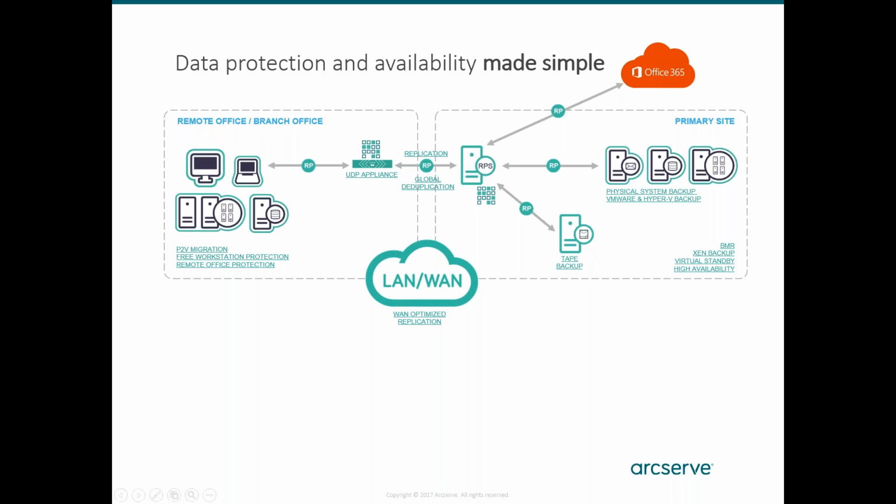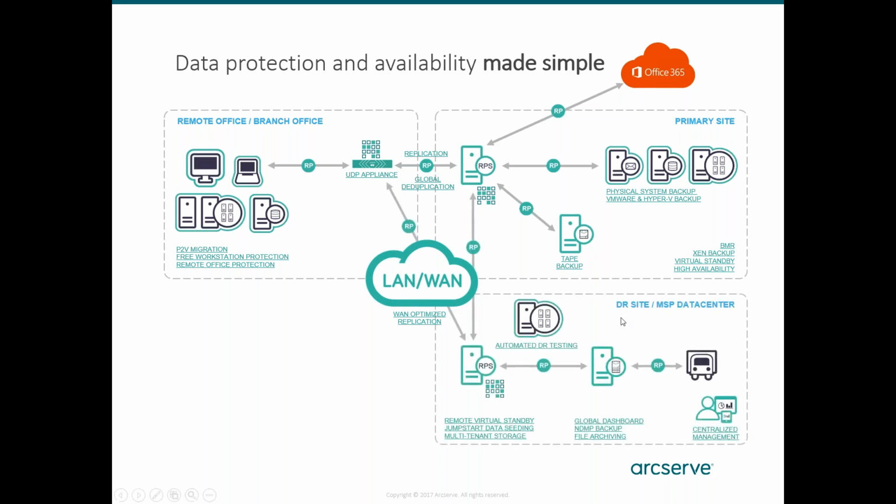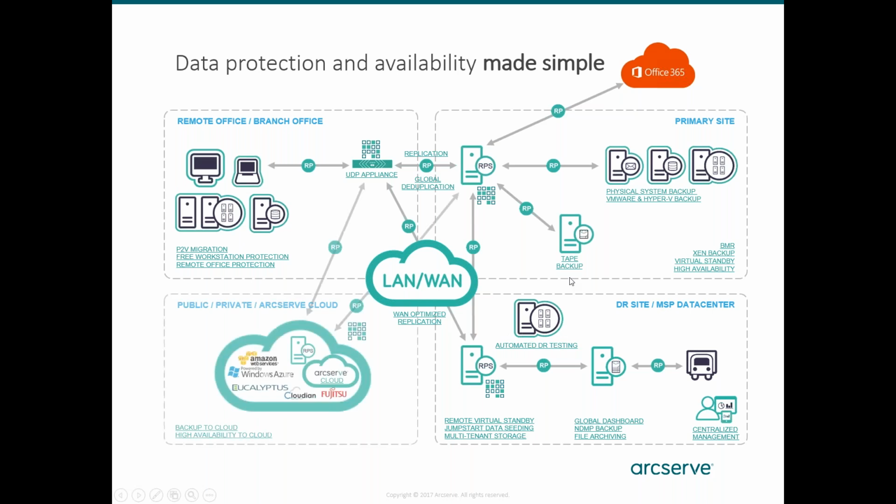So we can utilize the deduplication data store we have over here and transfer the data to other locations if one needed. If you have a DR site or an MSP site, you can replicate the data further if you want to. You can store to tape, and you can manage everything from a centralized console. And if you would like to use Amazon services, Azure services, whatsoever, you can store the data in there, or back up or protect the data over there.